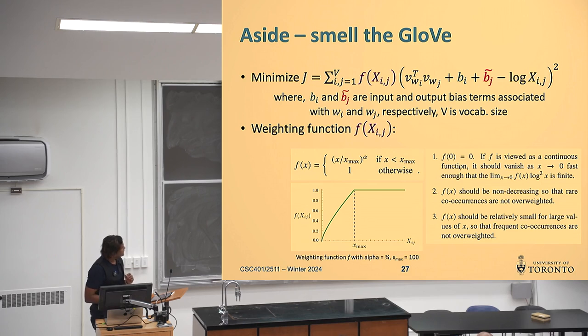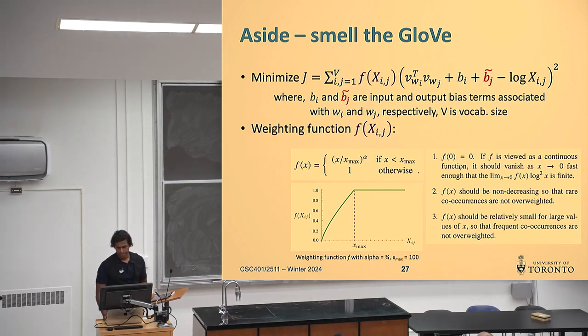So they introduce a function f(X_ij), which is a damping function on the co-occurrence matrix. It normalizes frequent pairings versus rare pairings. But again, this is not going to be tested. You can read the paper if you're interested to know more, or we can talk offline if you have any questions.